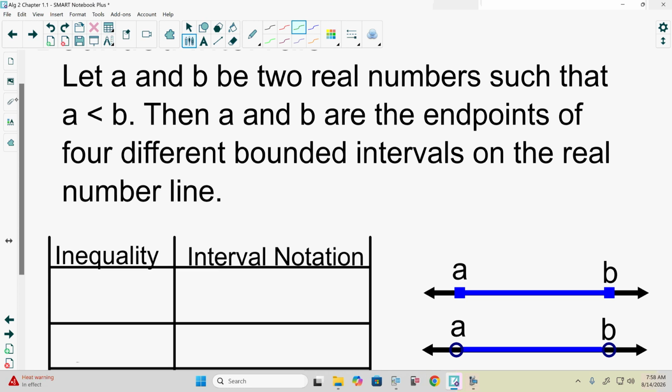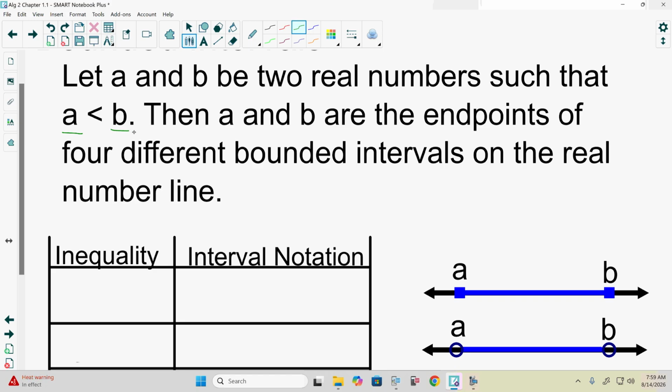Now, it does seem like a lot of words, and it's like, okay, why do they phrase it this way? Why did I type this up this way? And it's for a specific purpose. The nice thing with this is by using A and B, not actual numbers, all we're saying is that A and B could be any real number we want. And as long as A, whatever we pick, is less than B, we will get one of these four sets.